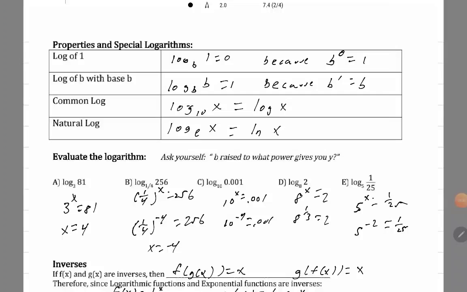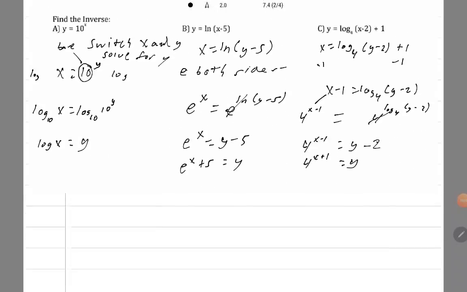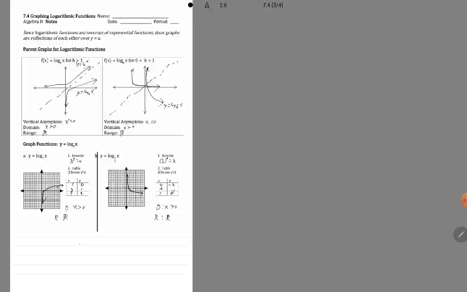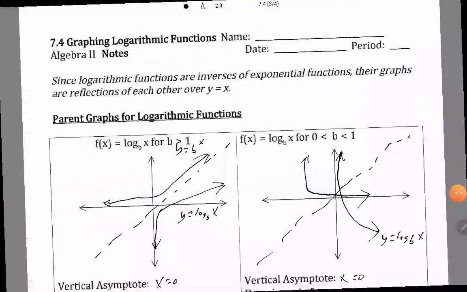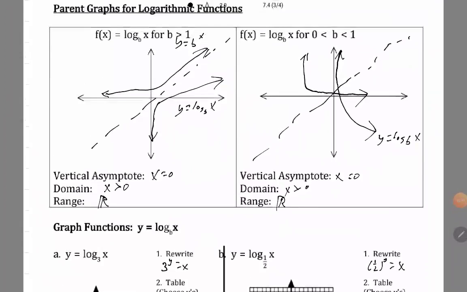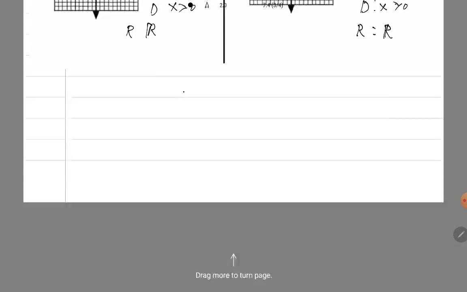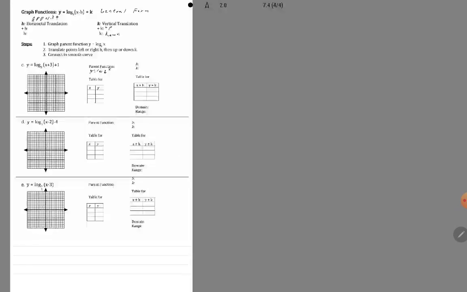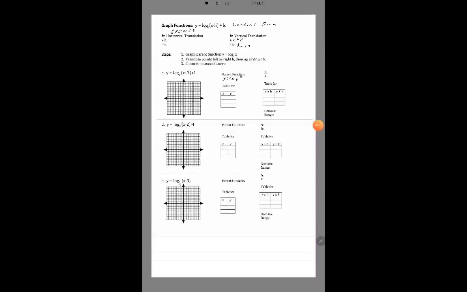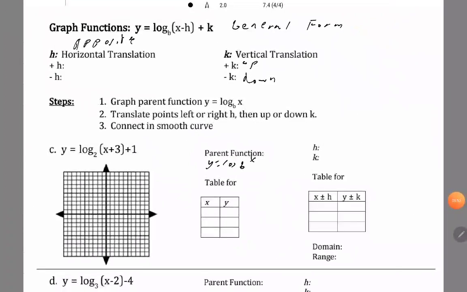Wait, where'd it go? Oh, whoops. Wrong page. There we go. So we still have this graph here, so we know the general shape. But when you're working on these, you might want to graph the parent function.